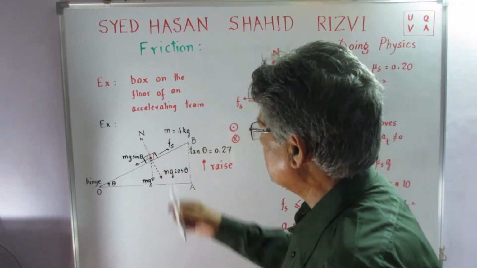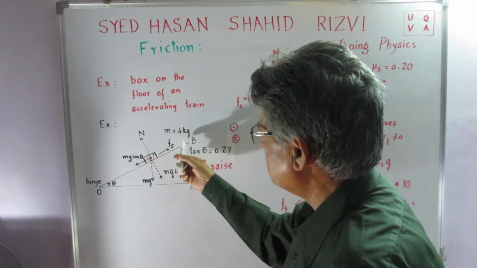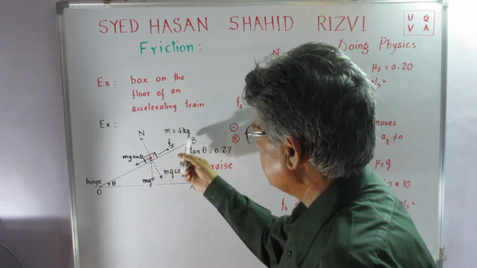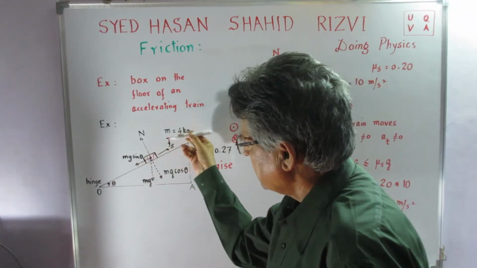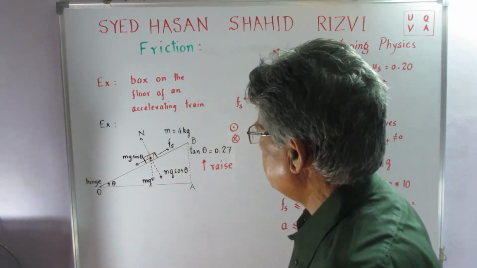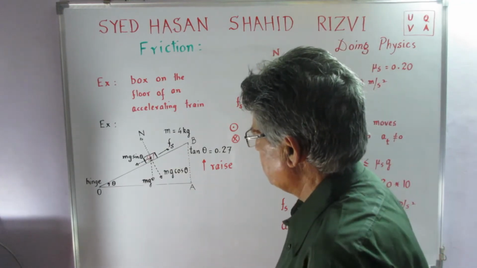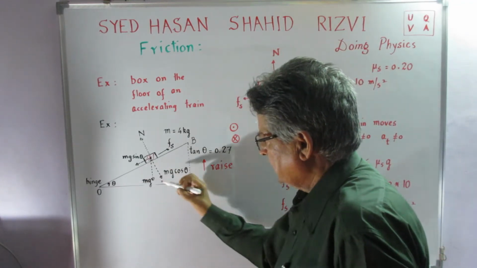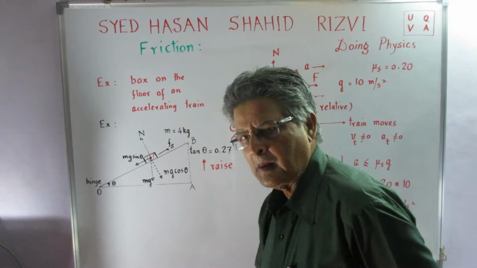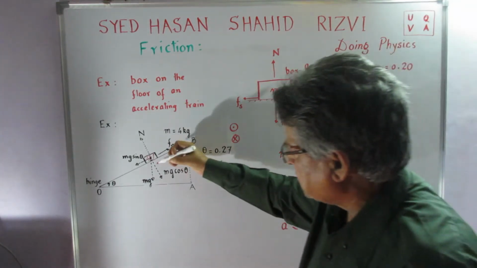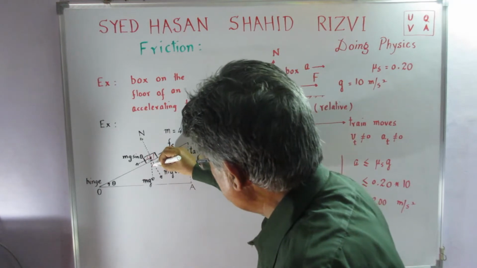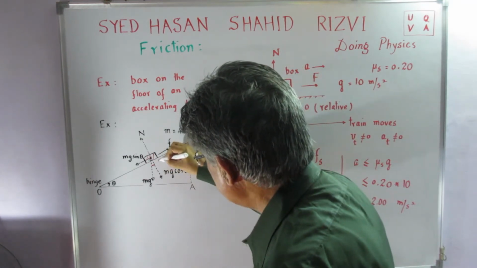The static friction and the force of friction is in this direction, and the force that is applied parallel to it is like this. You can see this force mg I can resolve, because the geometry says that this angle is also equal to theta.